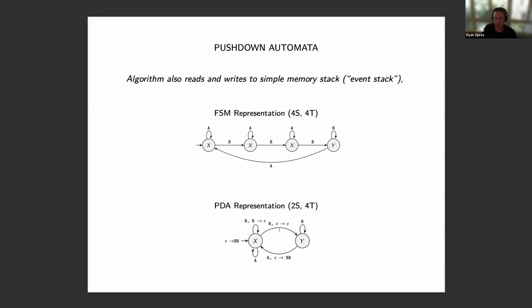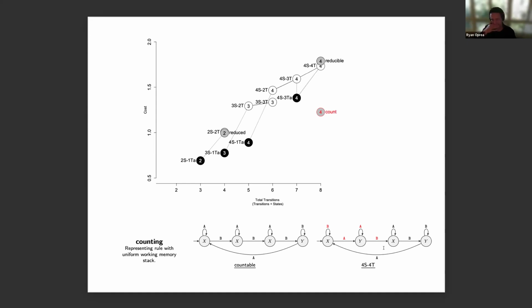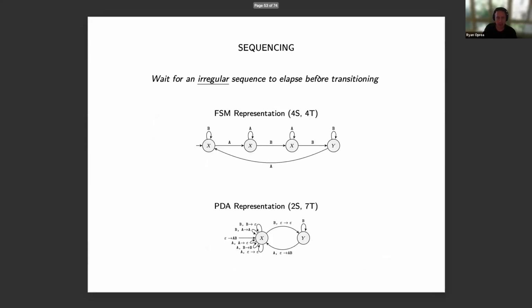You have to describe how things are read and written to the memory stack, but this will make two rules like countable and 4S4T look very different from one another. And the paper has details on this, but indeed the rule countable is treated as much less costly than the rule 4S4T. Okay, and this directly suggests that finite state machine representations miss something important about what drives complexity for humans.